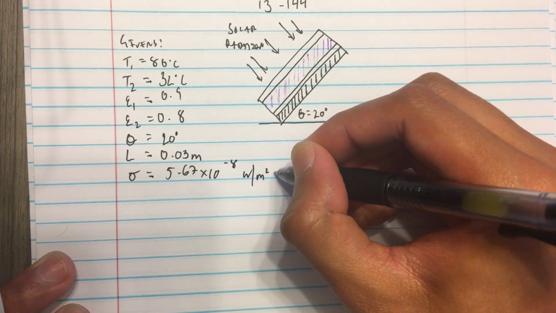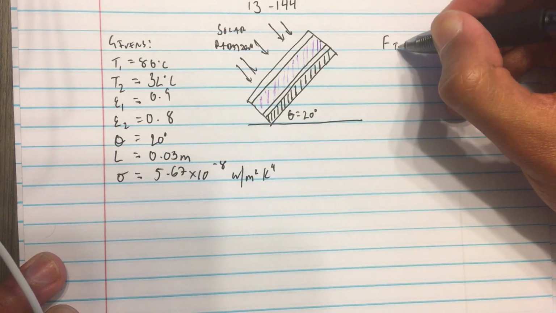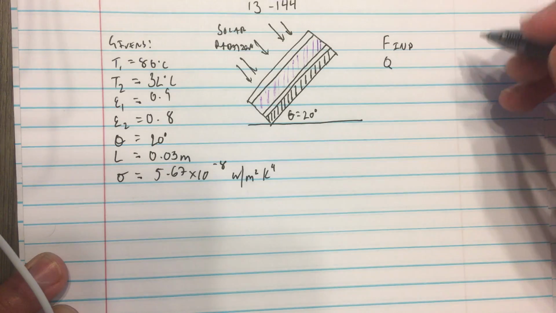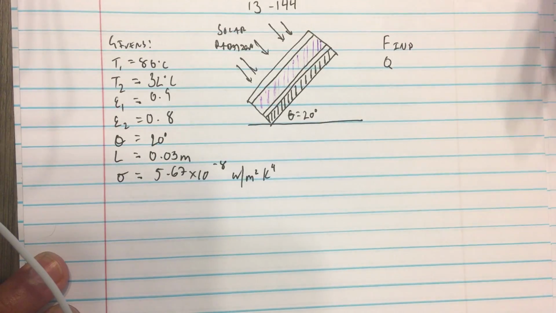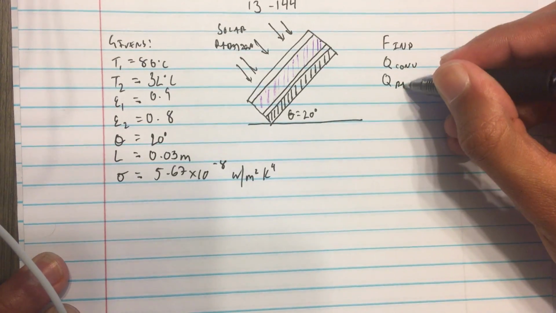Alright. Now, what are we finding? As I said before, the heat loss from convection and from radiation.